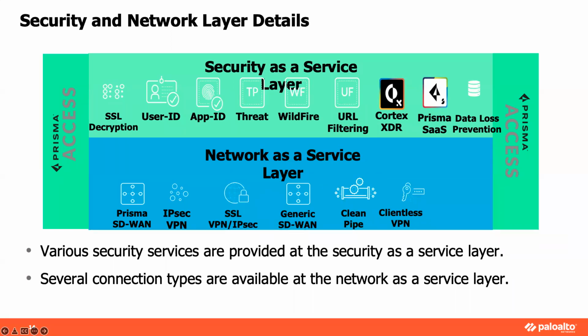And all the security that you're used to with Palo Alto Networks, decryption, User-ID, App-ID, traditional threat protection, zero-day threat protection with WildFire, URL filtering, endpoint protections with Cortex, SaaS protections, and all those sort of things that traditionally you did with a piece of hardware, you can now subscribe to as a service.